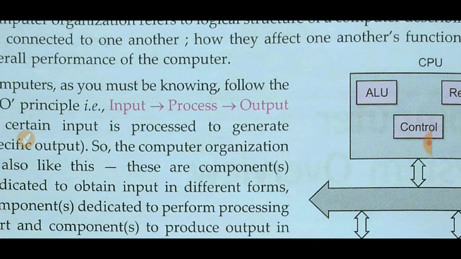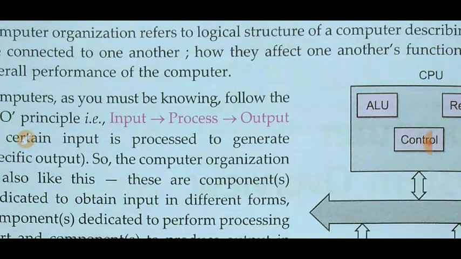Then after taking the input it performs some operation on it, means this is called process, and after processing whatever we have to get, it will produce with the help of output device. In output device we have two things, one is soft copy manner and second one is hard copy manner.